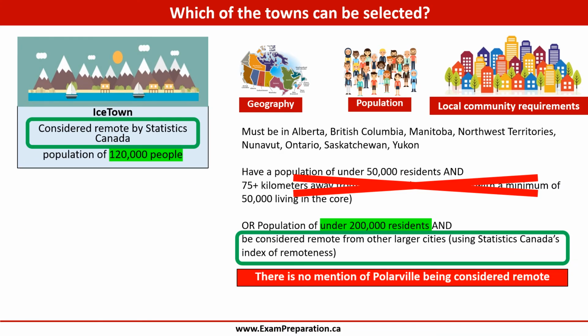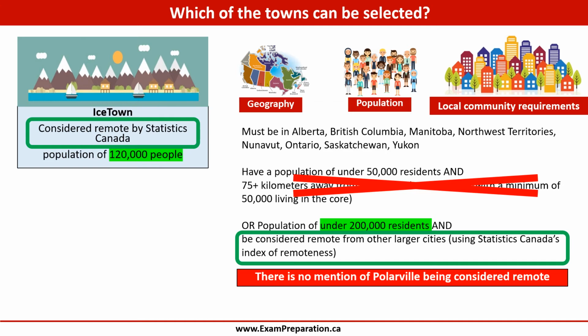Now, when we take a look at the other element that needs to be met, and this is one of many, but in terms of the strategy we're using to get this correct answer, this is the other big one that we're really looking for. And that is being considered remote by Statistics Canada. Well, Icetown is considered remote. So that's some pretty good news given to us here.